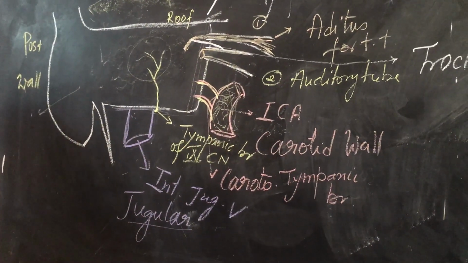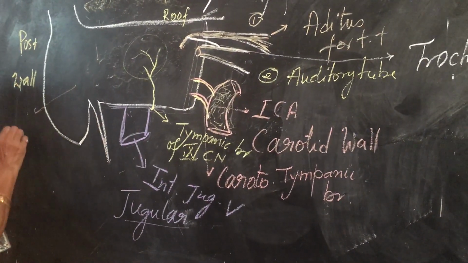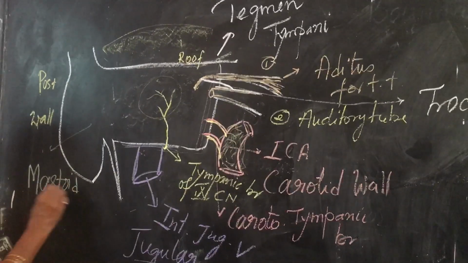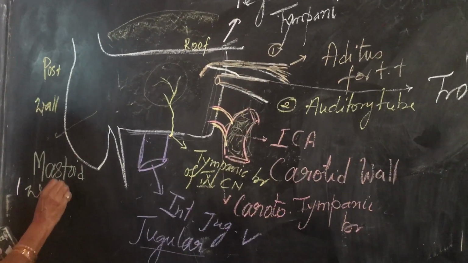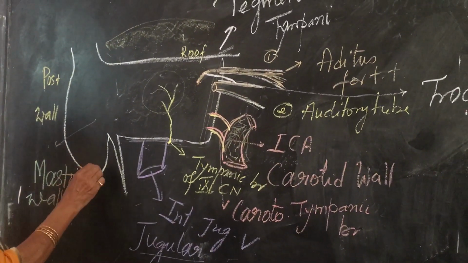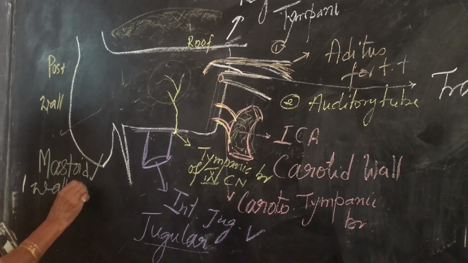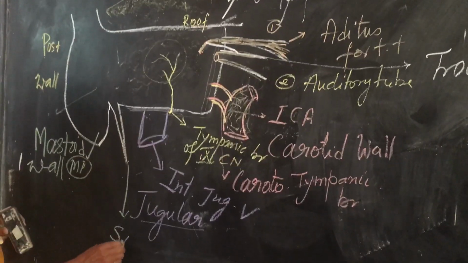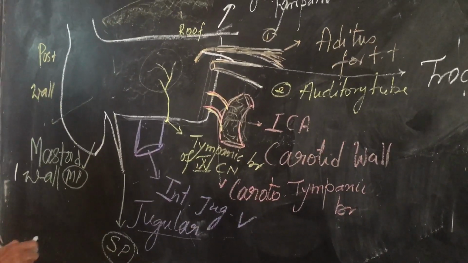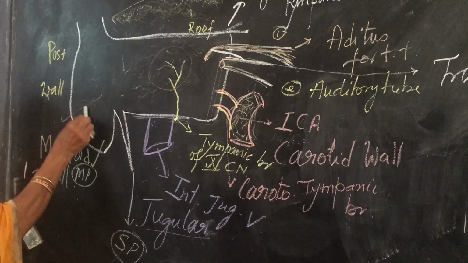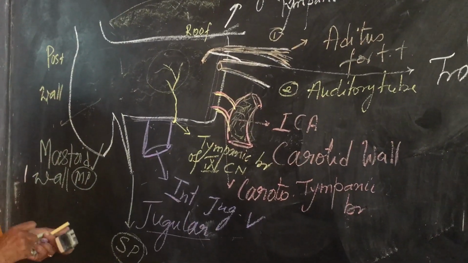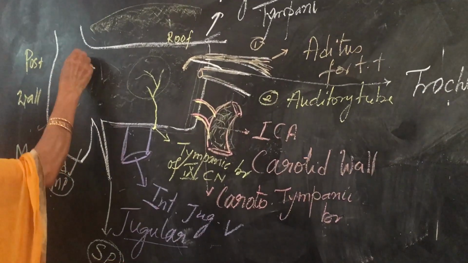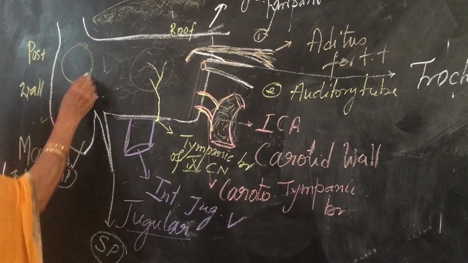Coming to the posterior wall. The posterior wall is called the mastoid wall. This is the mastoid process. This is the styloid process. So the posterior wall is called the mastoid wall. There is a small opening where the middle ear communicates with the mastoid antrum. This is the mastoid antrum.